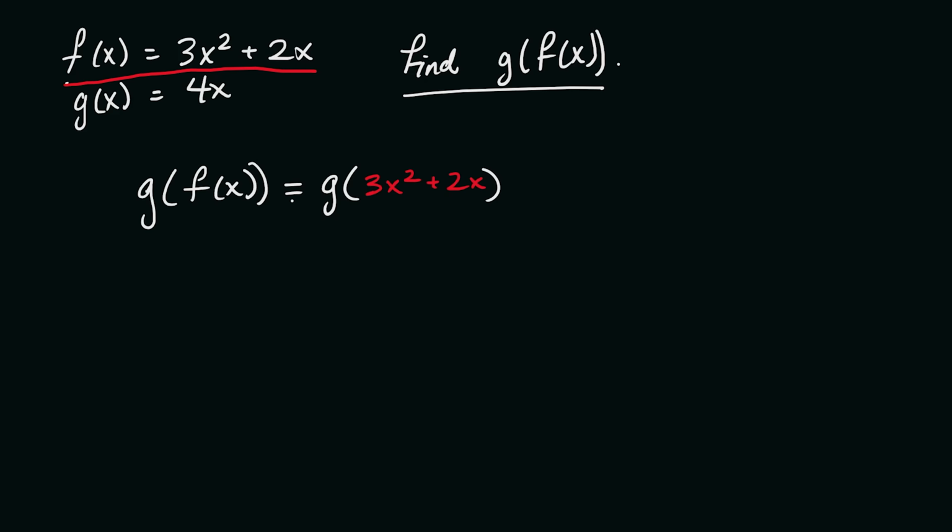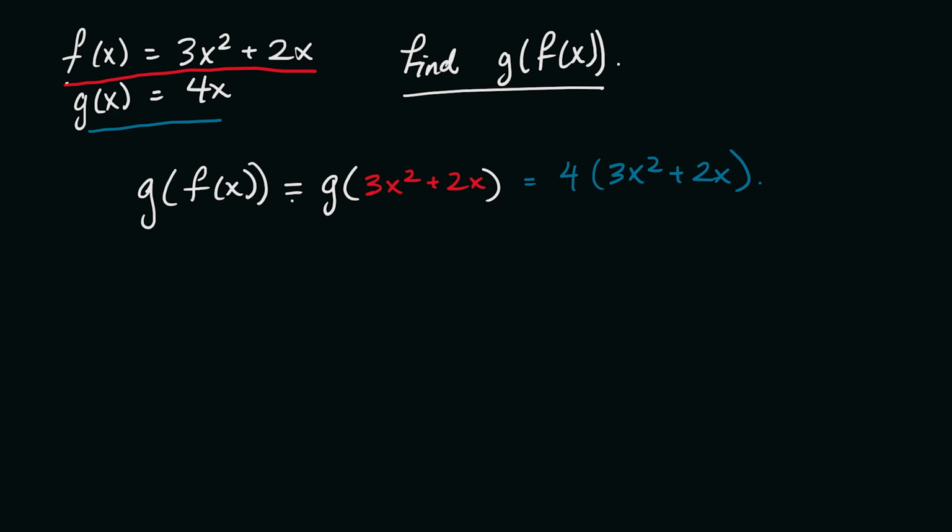And by taking a look at this, since we know that g of x is equal to 4x, we can plug whatever input we have into that 4x. So that's just going to be 4 times the 3x squared plus 2x. That's mainly how it works.